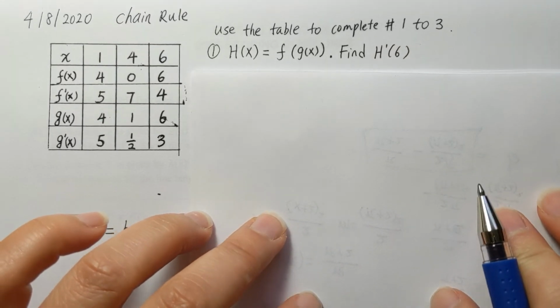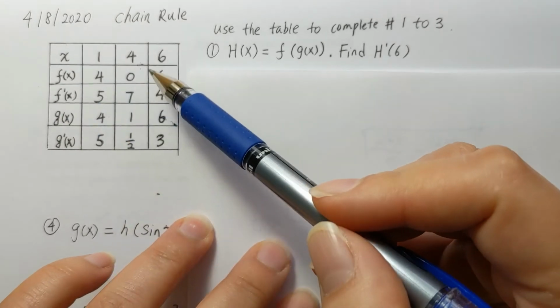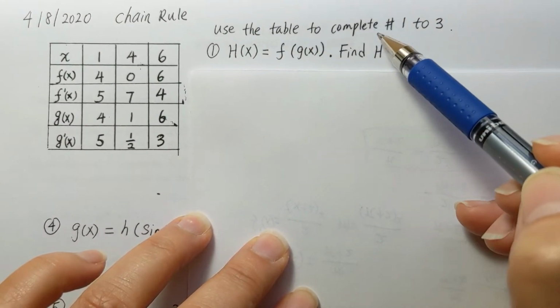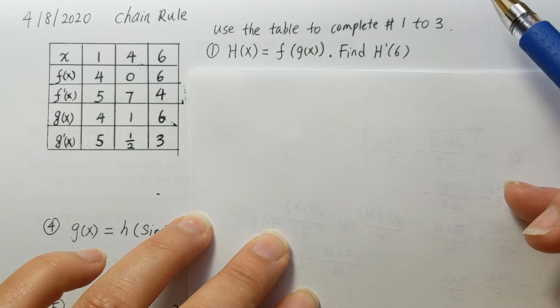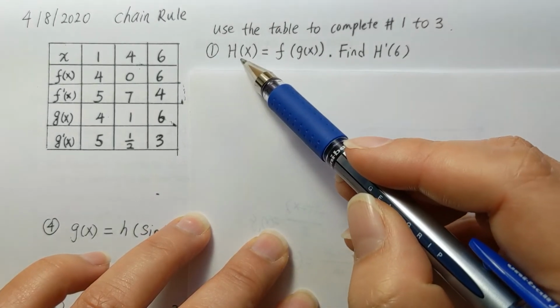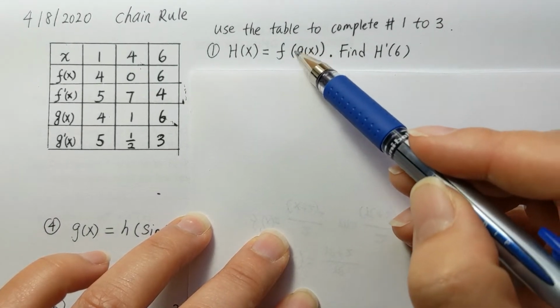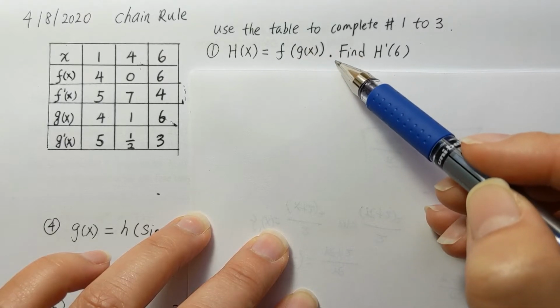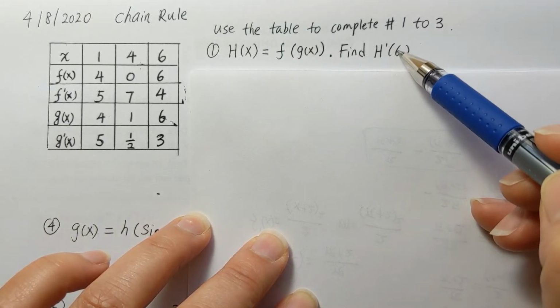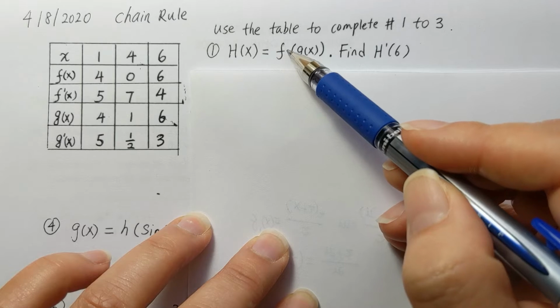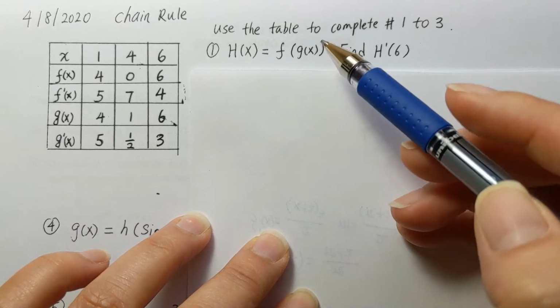So we got the table on the left side. We had to use the table to complete question 1 to 3. Number 1, h of x equal to f of g of x, and then you find the h prime of 6. So we have the outer function f and the inner function g of x.